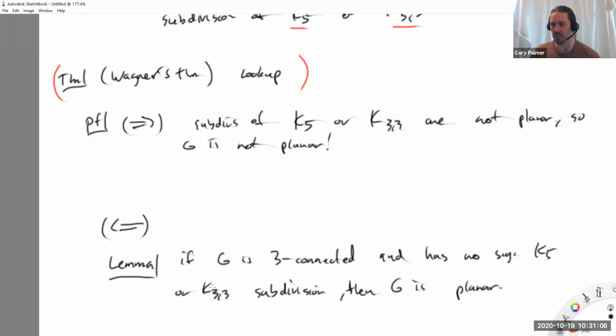This is the interesting thing to prove here. The 3-connected condition is an additional case. Without it, we should be able to prove it as well, but use this lemma and a bit more work and you can get it.